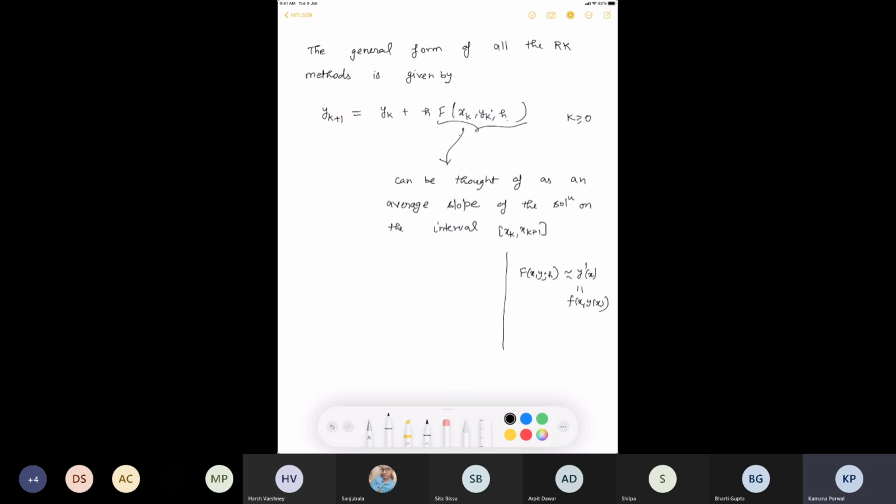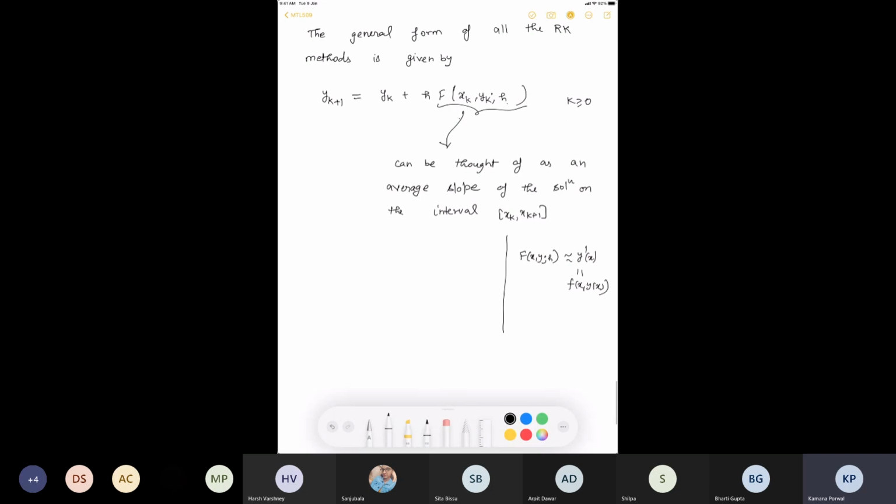For example, in the case of Euler's method, this F was simply the evaluation of the small f at x_k, y_k, so for Euler's method this F would be simply f of x, y. Likewise, you can see what it will be for the modified Euler's method.